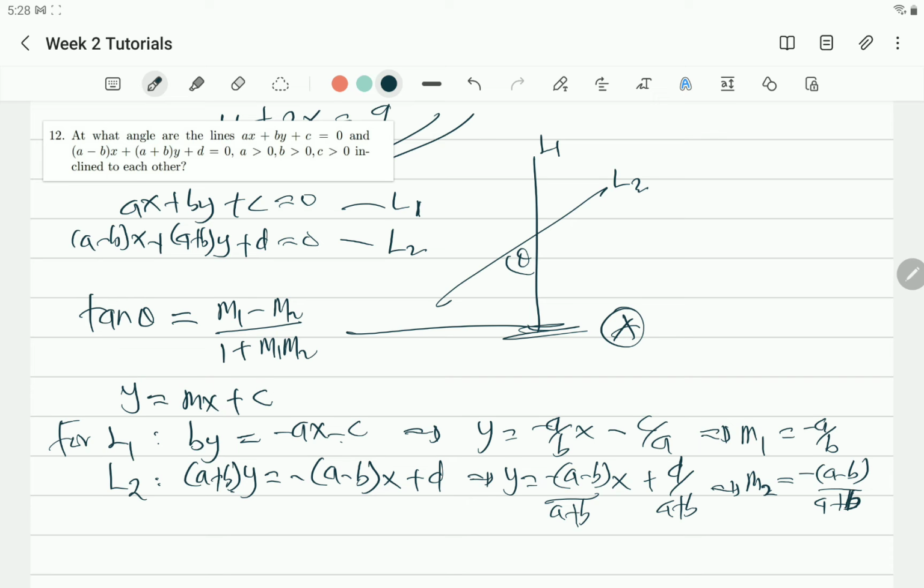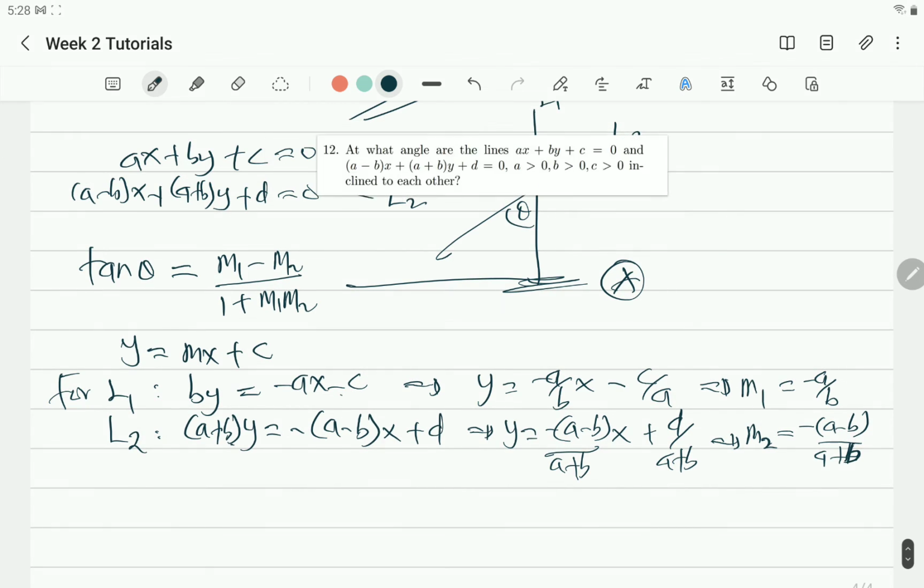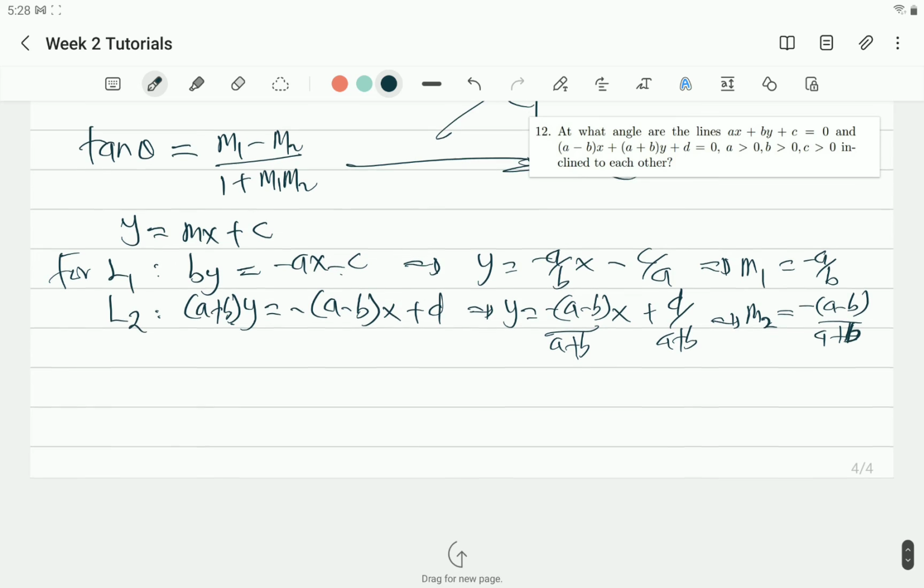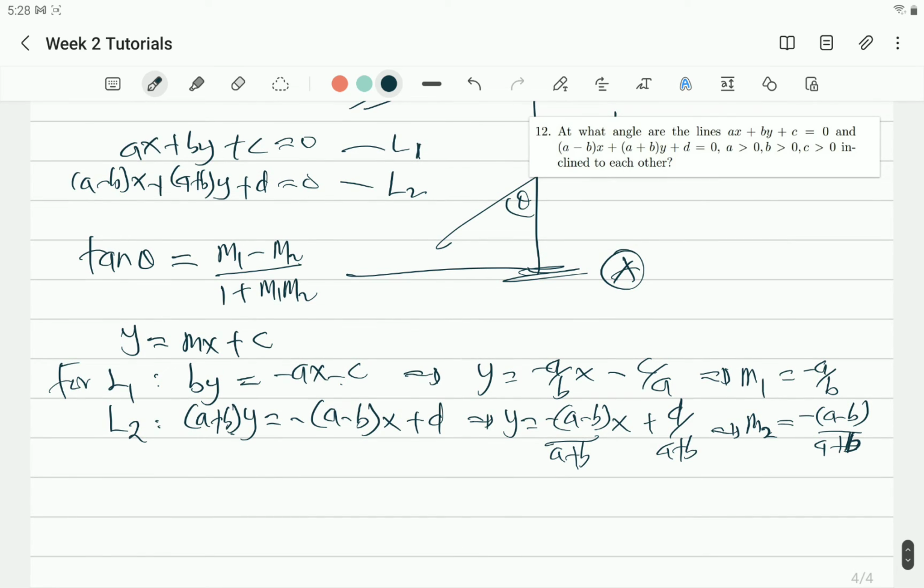So we need these two gradients we just found in the formula, equation star. So all I'm going to do is to put these two gradients into the tan theta. Therefore tan theta is going to be m1, which is minus a over b, minus m2.